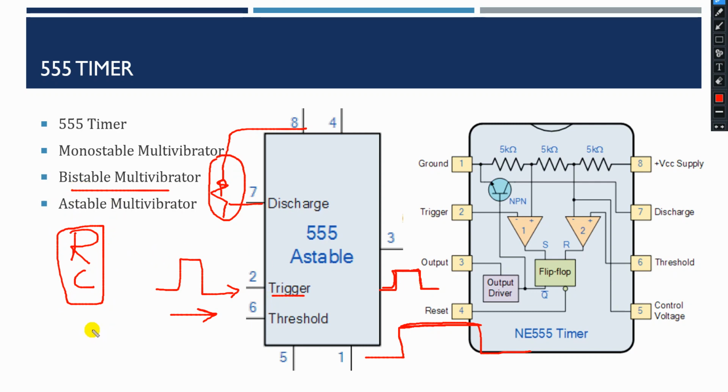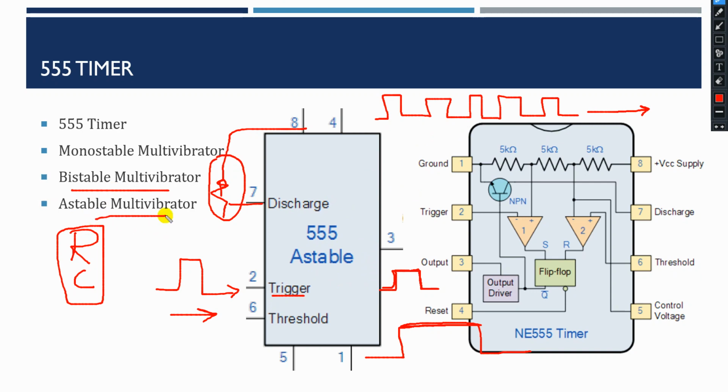If I want a particular pulse of a frequency of 10 kilohertz, yes, I can build it by using R and C. So in bistable, the output will be on, off, on, off, on, off, and so on. It goes on until your 555 is in on condition. So that is your bistable.